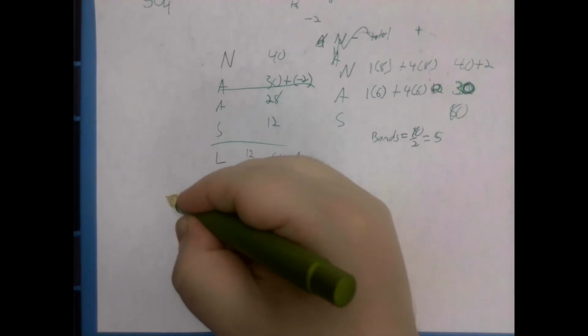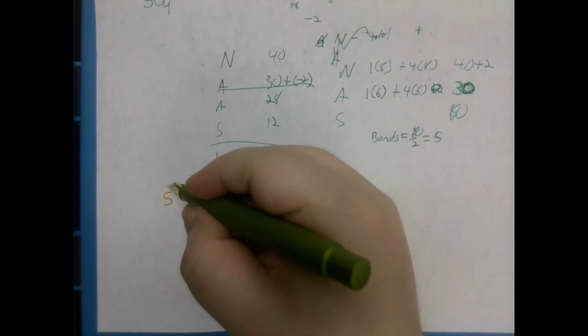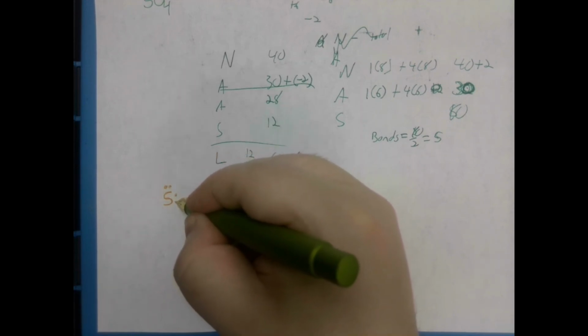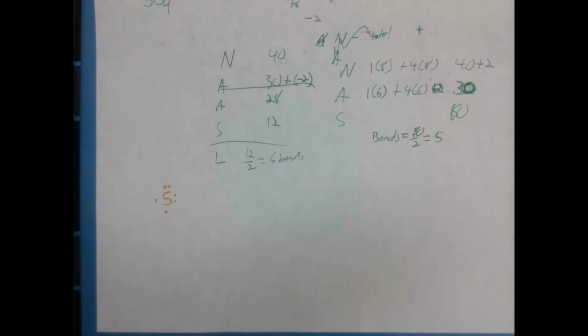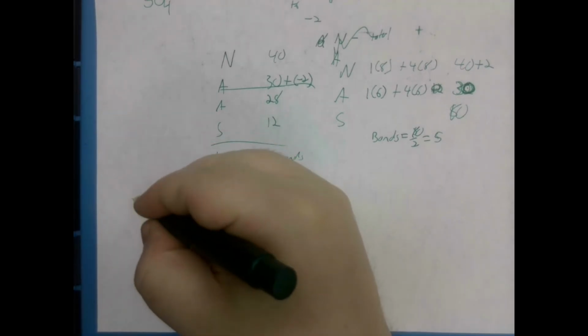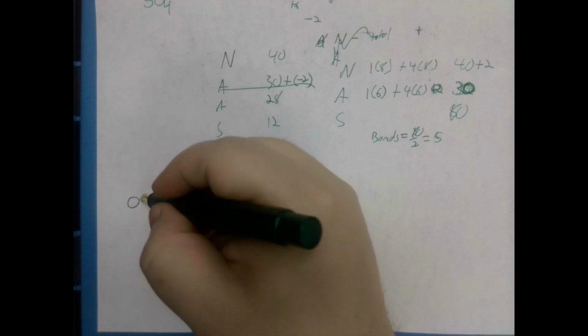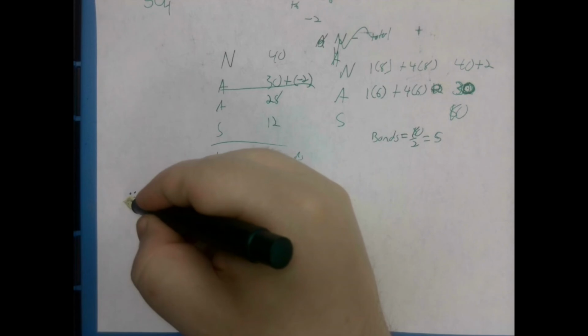So we have sulfur. Sulfur has 6. And then we have 4 oxygens, which also has 6.